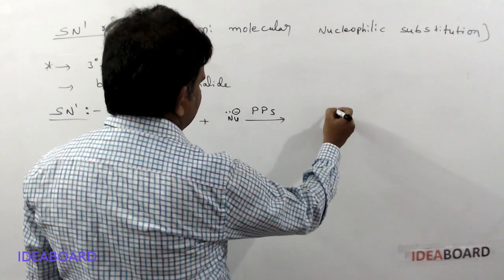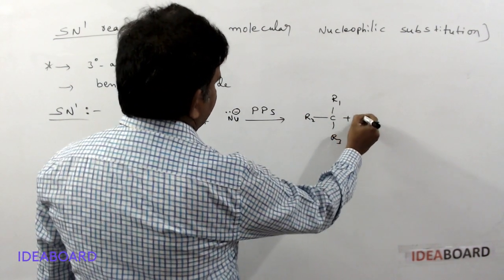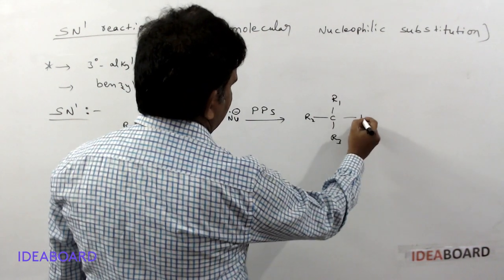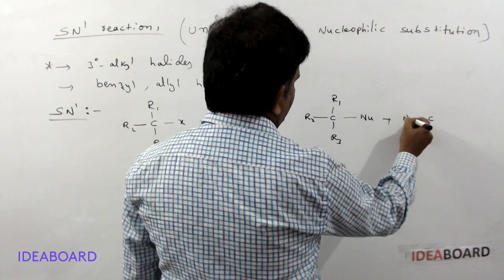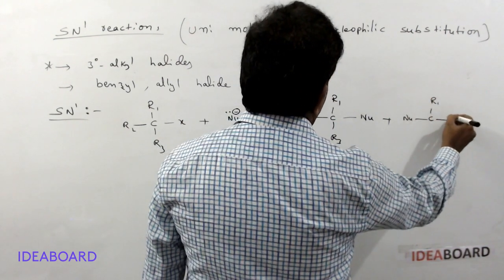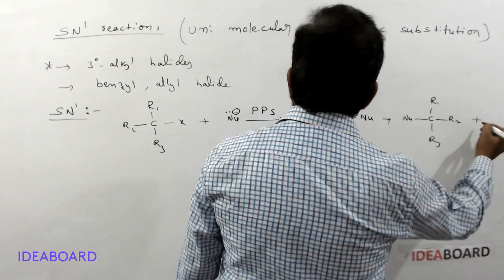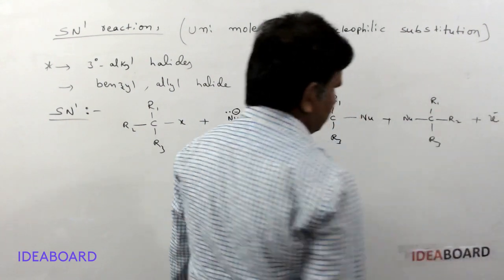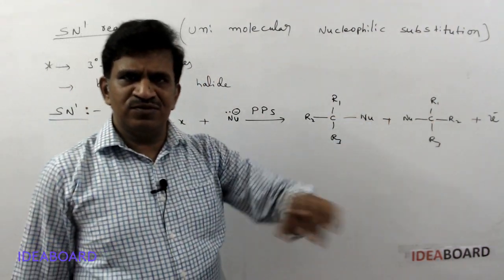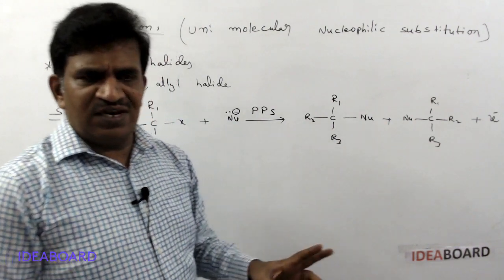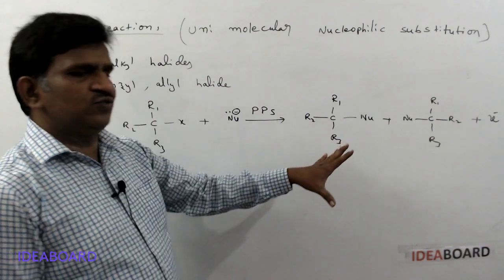Finally, what is formed is R1, R2 and R3 with a single bond to the nucleophile, and the other possible compound is with the nucleophile on the other side, along with X minus released. The nucleophile was written two times and X minus only once; don't balance it. I am not balancing the reaction, I am only giving the main products and how the reaction happens.